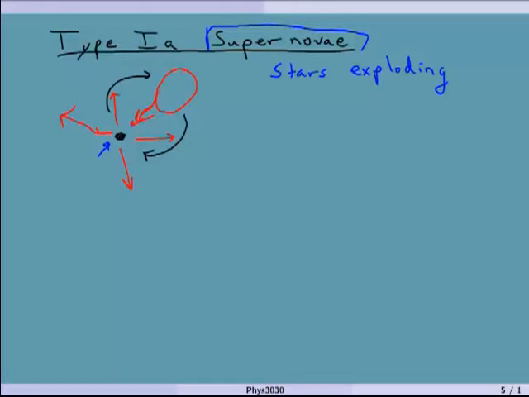But the important thing is that if you looked at a graph of one of these supernovae, and you looked at the flux, which is what we measure, that's actually the number of photons per meter squared that we can measure.